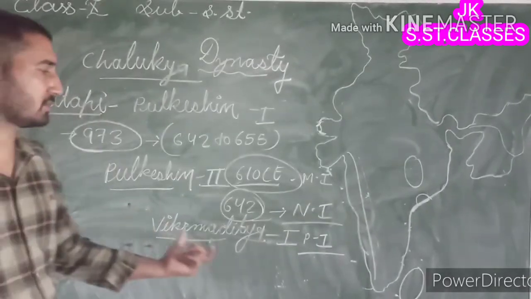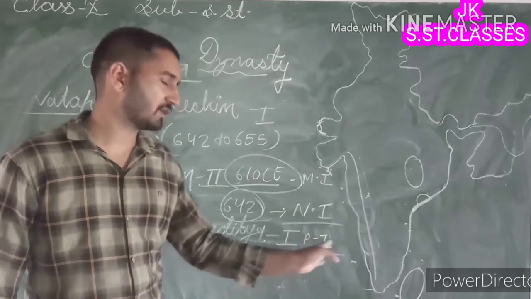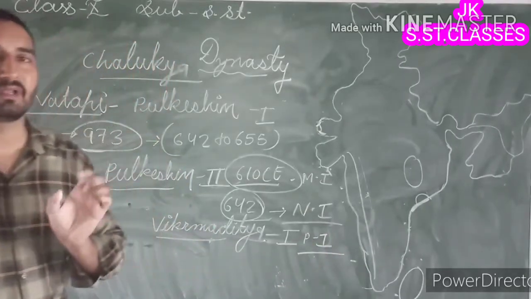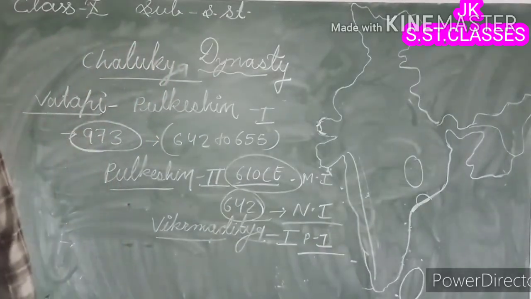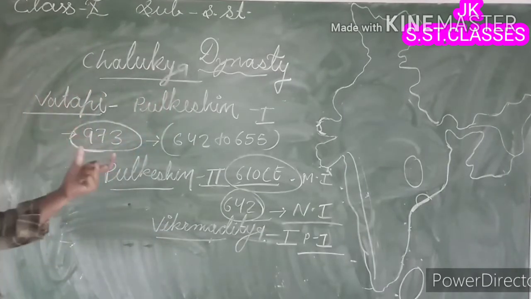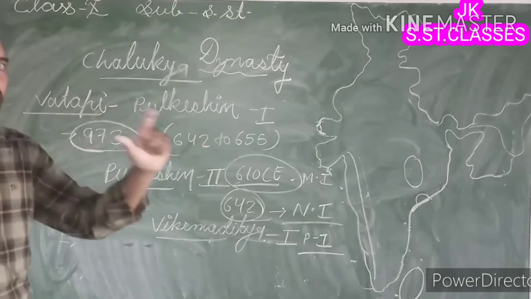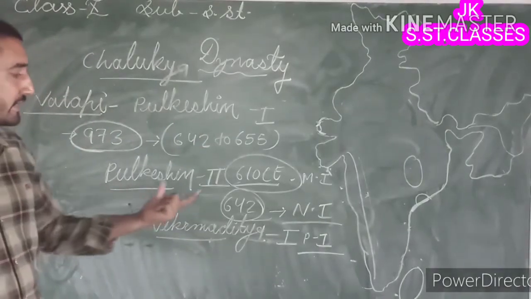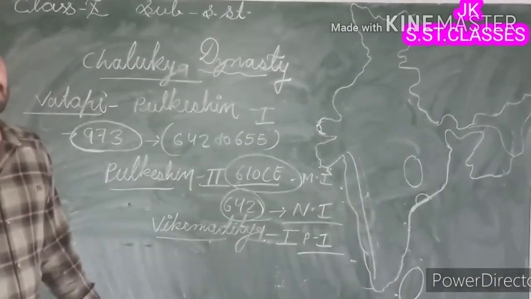So the major rulers of Chalukyas of Vatapi were Pulkesin I as the founder of this dynasty, after that Pulkesin II and Vikramaditya I.